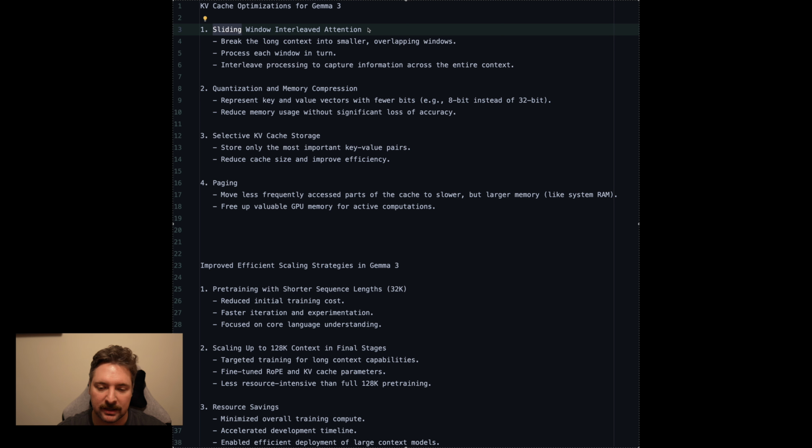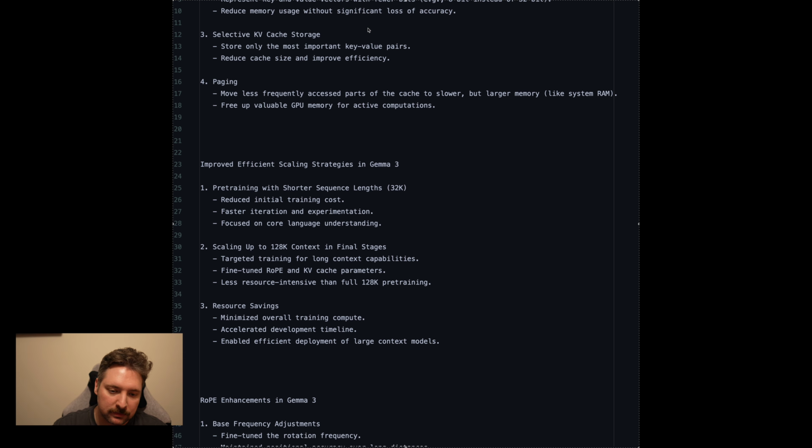So that reduces the cache size and improves efficiency. So then paging, similar to the way that things work on operating systems. In a classic paging setup, that's the way you're going to access memory from fastest to slowest. Here, they would do the same thing.